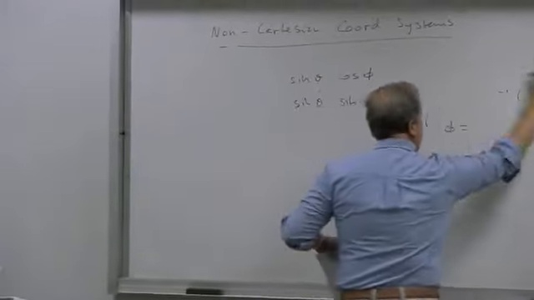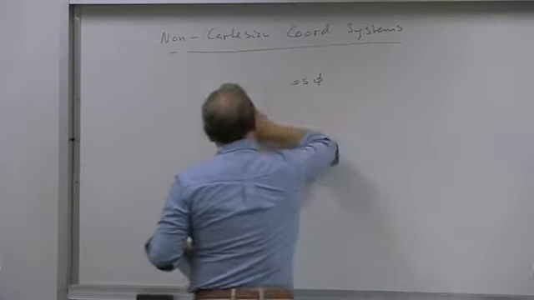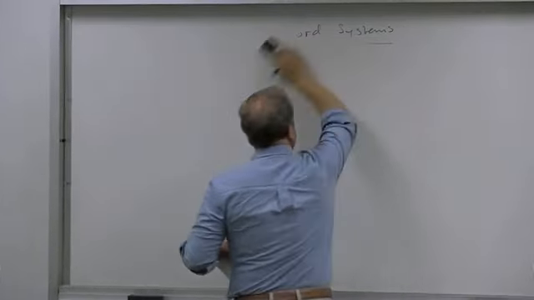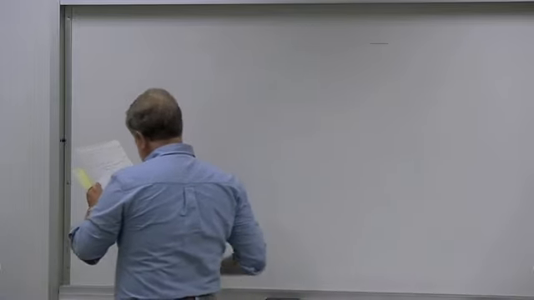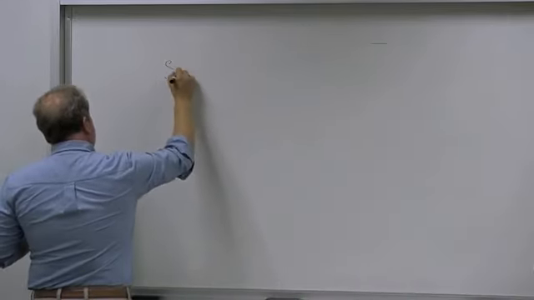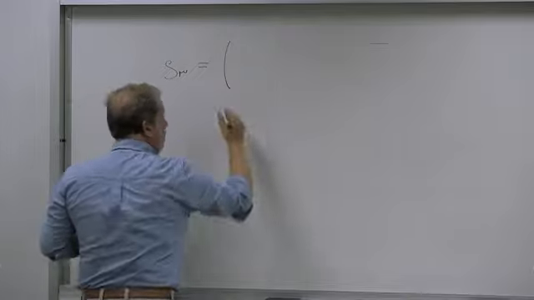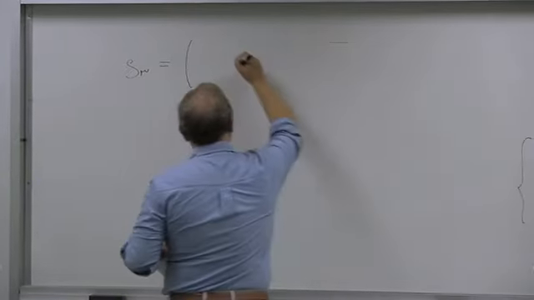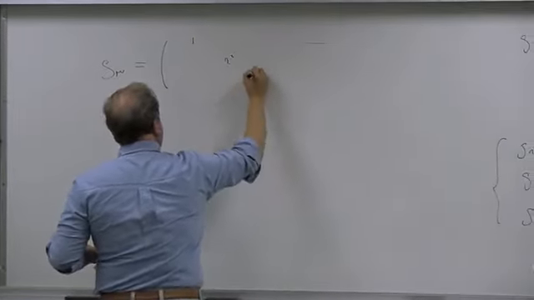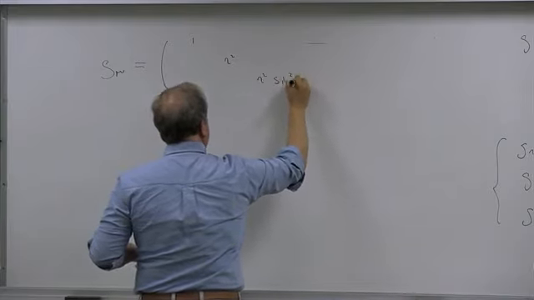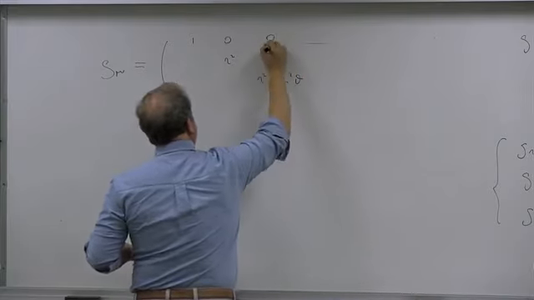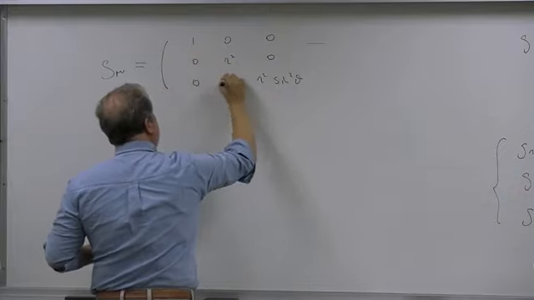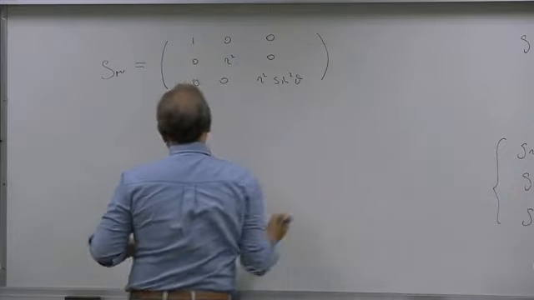So give me a couple more minutes, and we can then calculate. So we have that g mu nu is equal to 1, r squared, and r squared sine squared theta, and everything else is 0. And so it's given explicitly by this.